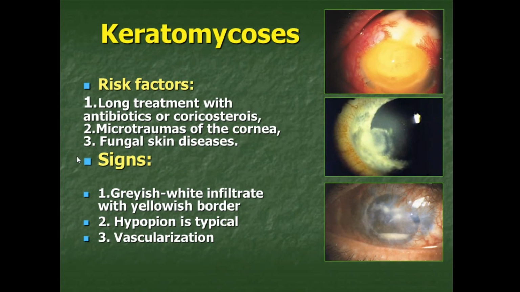The next risk factors: microtraumas of the cornea, fungal skin diseases. Signs of keratomycosis: grayish white infiltrate with yellowish border. Hypopyon is also typical, and vascularization.